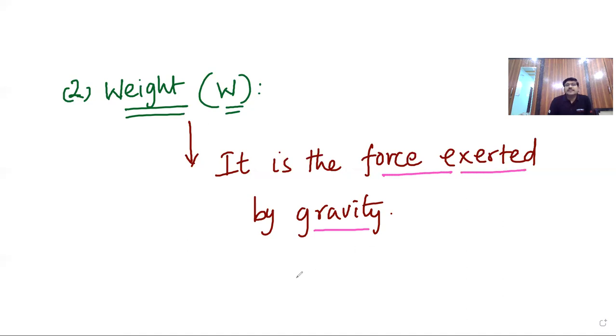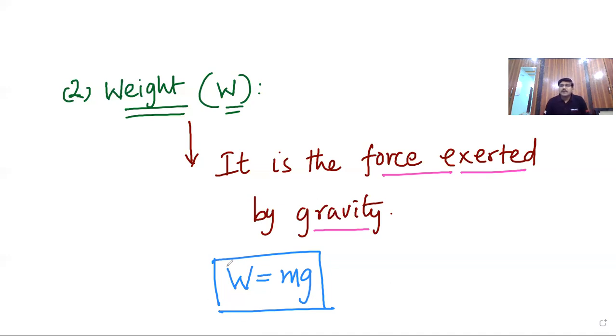Observe: weight is equal to M into G, this is the expression. Weight is equal to mass into G, where M stands for mass and G stands for acceleration due to gravity.